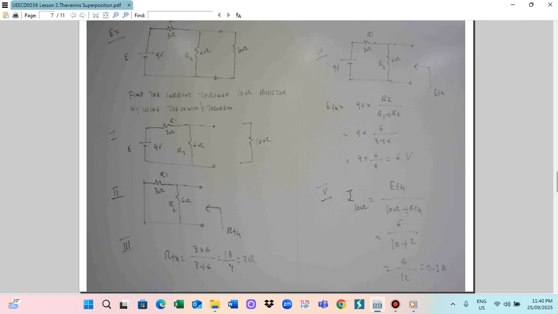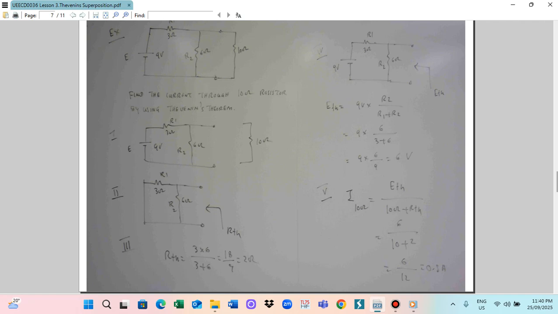R1 and R2 are in series with the 9 volt source, so we can find the ETH using the potential divider. ETH is 9 volt multiplied by R2 divided by R1 plus R2. So this is 9 multiplied by 6, divided by 3 plus 6. 9 multiplied by 6 divided by 9, so you get 6 volt. So the voltage is 6 volt. That will be step 4.